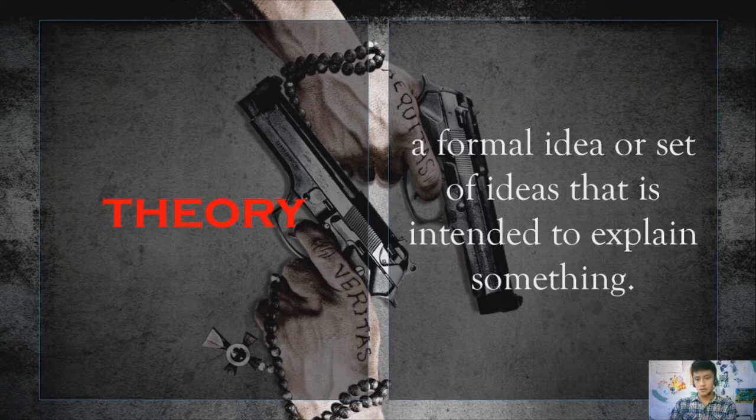And we also have the theory of evolution by Charles Darwin. What does it explain? It's the idea of Charles Darwin that man came from apes. So it explains how a certain thing occurred, somewhat like those.